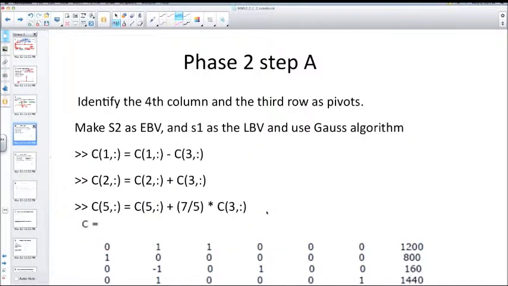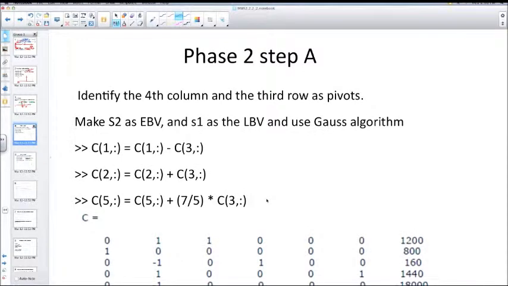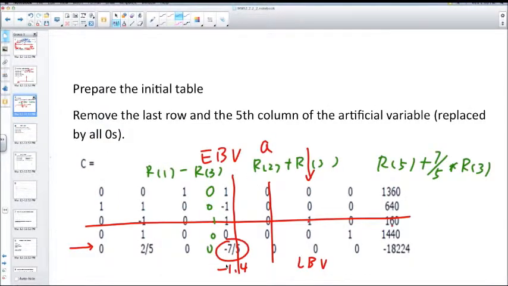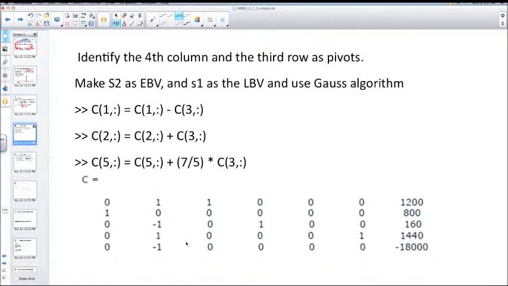So again, those steps in MATLAB show me you understand. So when I do all those operations, I made which column? Oh, the fourth column basic.